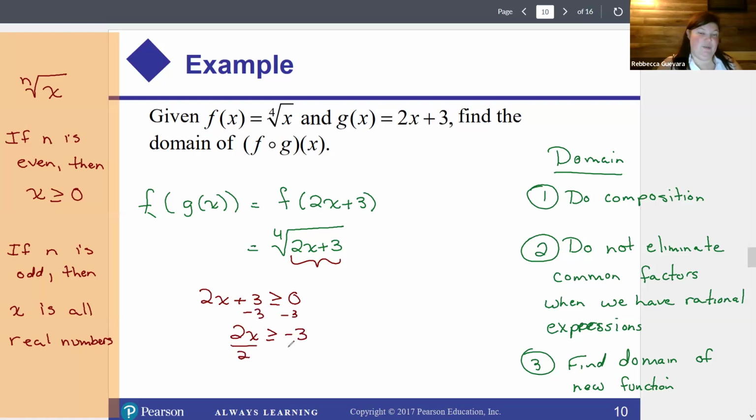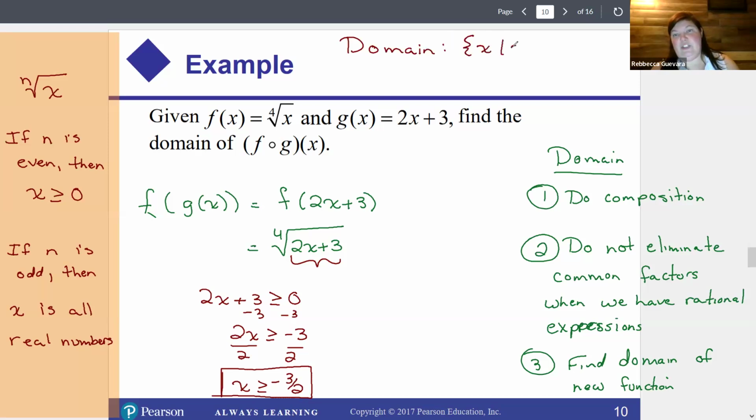Then I divide both sides by 2, and we get x has to be greater than or equal to -3/2. So the domain of this function is all x for which x is greater than or equal to -3/2. Or we could say it's everything from -infinity up to -3/2, union -3/2 to infinity. So we just skip over that point at -3/2.